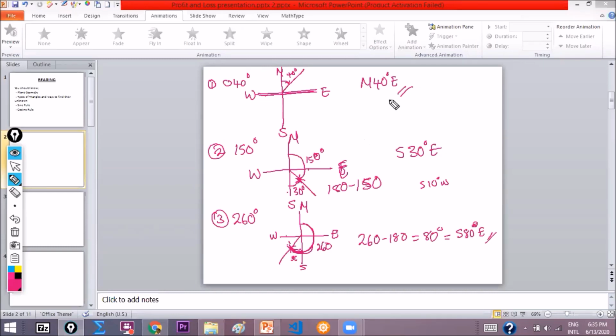All right, so you guys try to do this. Number 4, 320 degrees in compass bearing. What will this give us? 320 degrees in compass bearing. Timmy?